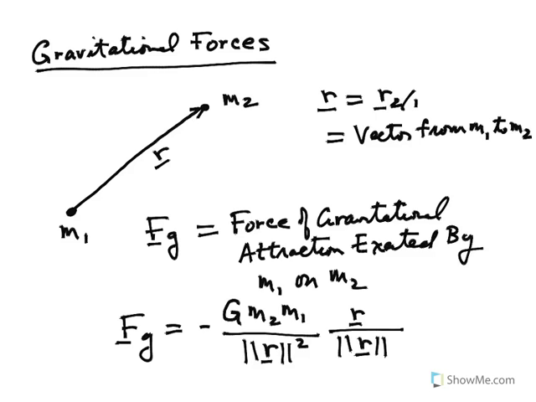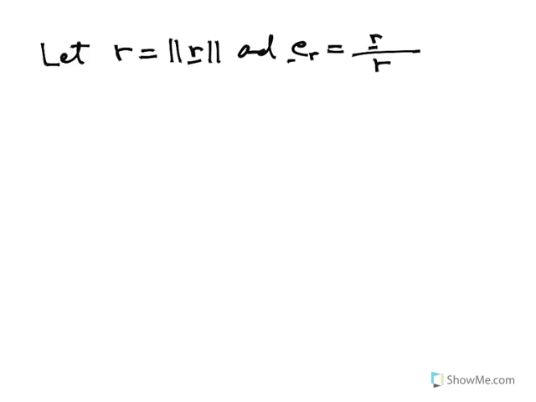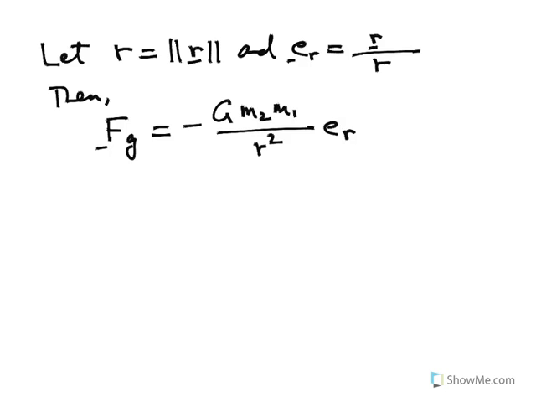Now, in order to make this a little bit more tractable as an expression, I'm going to say let scalar r equal the magnitude of r, and e_r equal the vector r divided by its magnitude. So then, the force of gravitation can be written as minus G m2 m1 all divided by r squared times e_r. And this is, again, the force exerted by m1 on m2.